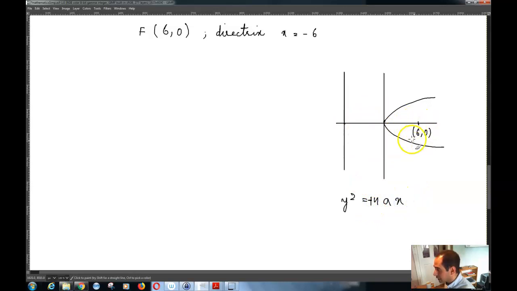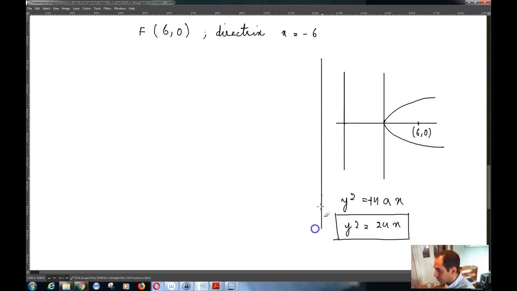And so since a is equal to 6, I can write y squared is equal to 4 times 6, 24x. That is basically the equation of your parabola. This is number 7, 24x.